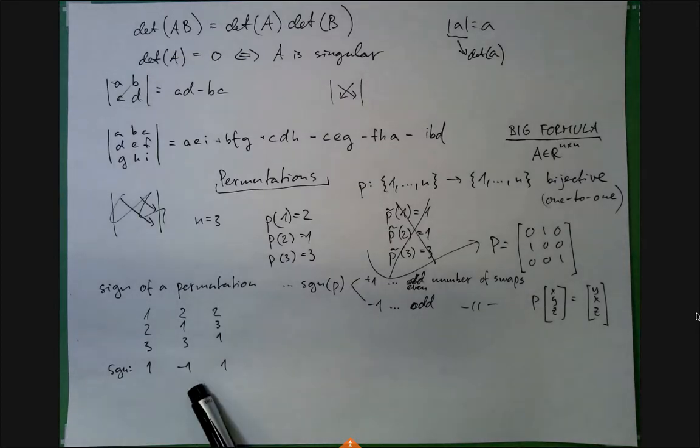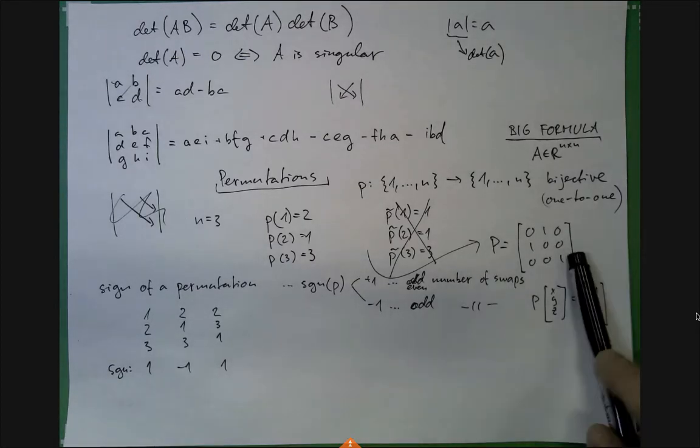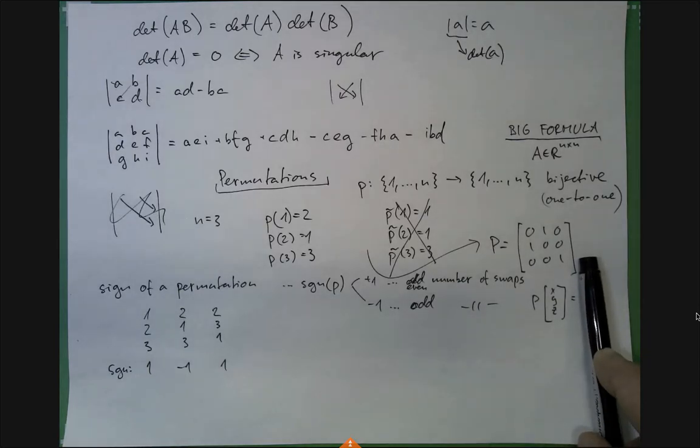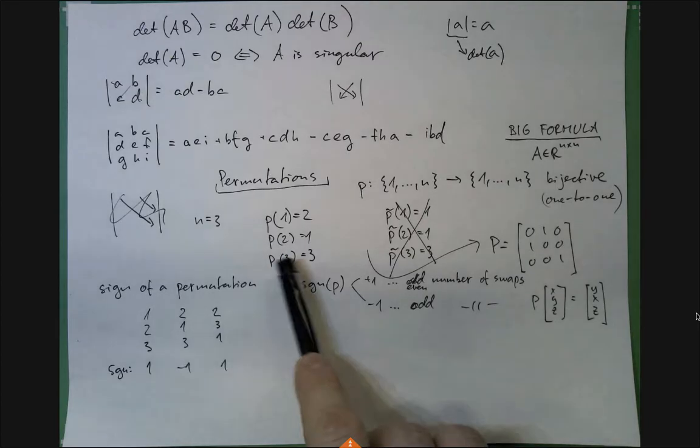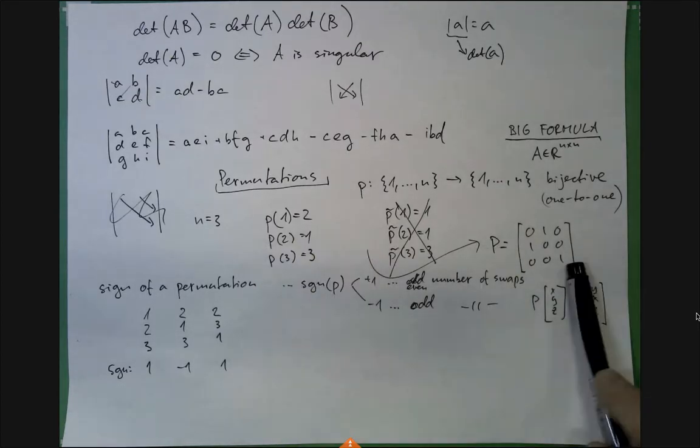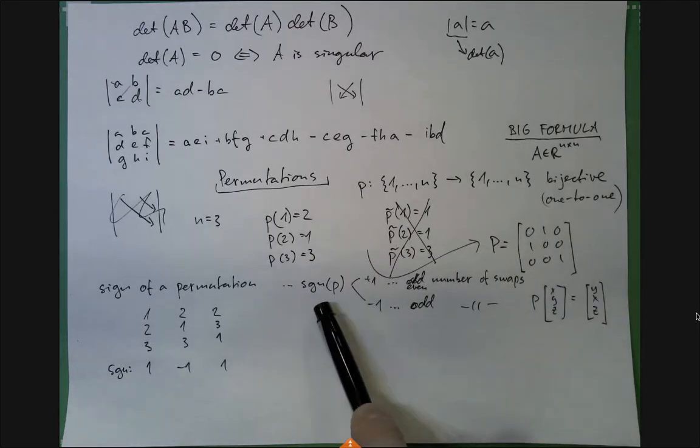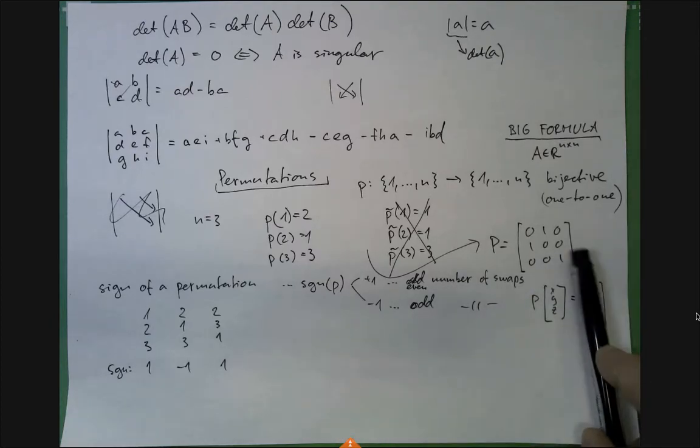Do you know what this sign of a permutation is in terms of the matrix? If I represent the permutation using a matrix, what do you think the sign of a permutation becomes? Correct, it's just the determinant.